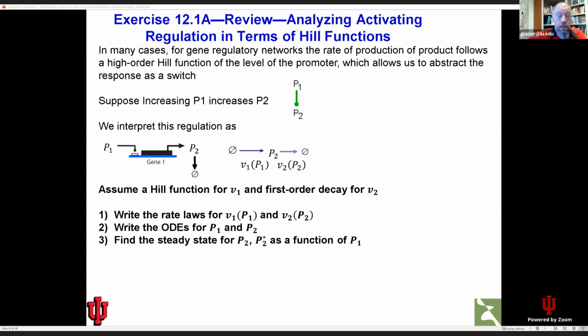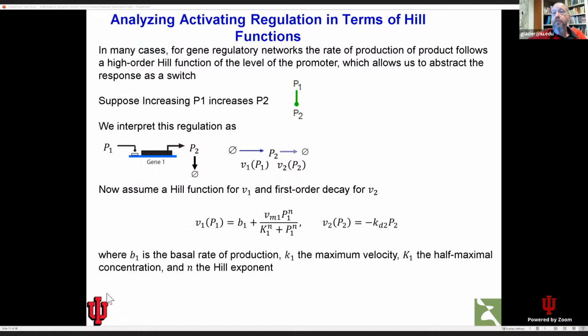And then the steady state is simply setting that equal to 0. Yes, that is where I'm stuck. Okay. So let's look at this. Here I have a basal rate. V1, this is the form you proposed, I think, for the Hill function. This is the decay. And so now I add the two together. And that would be my rate.